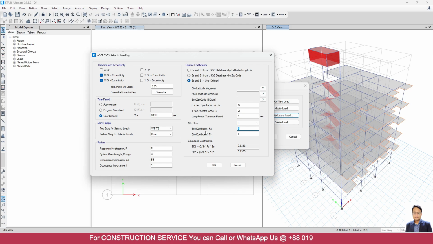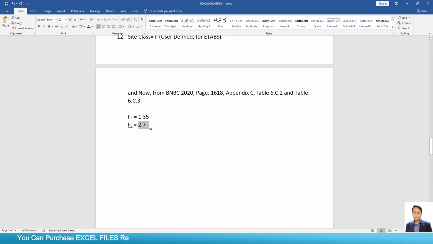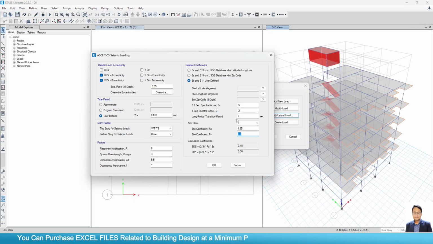When I press enter, you will see that this value will be changed as per this equation. Enter. So this value now is 0.45, and for FB we will input 2.7 as per our manual calculation. Enter, and finally you can see that this value has been changed also.